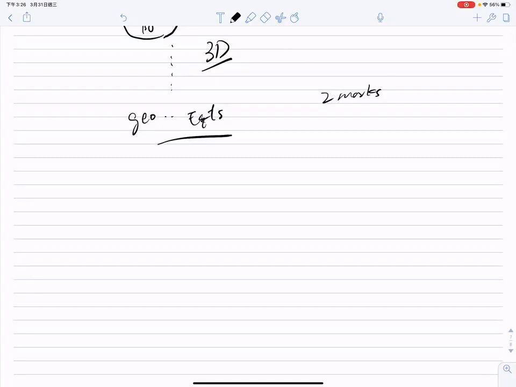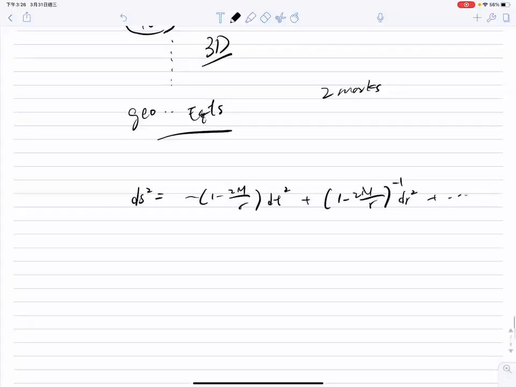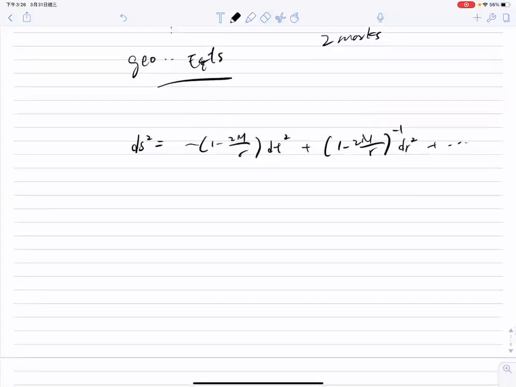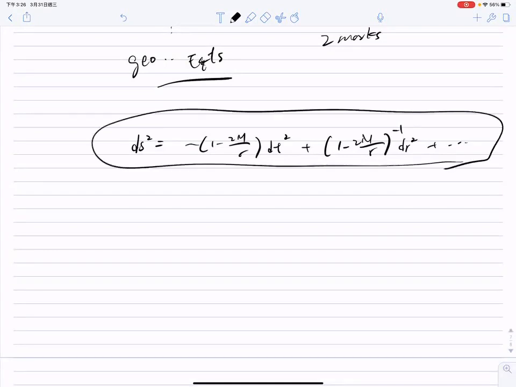Like I give you a Schwarzschild metric. Schwarzschild metric is just something like this, right? And in the later course, we may focus on how to make use of the Schwarzschild black hole to calculate some geodesic equation.